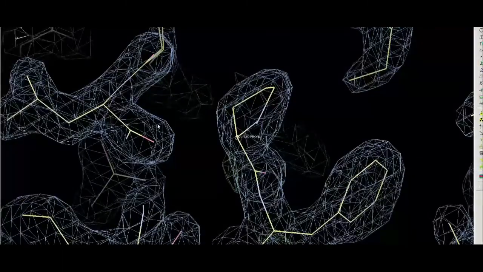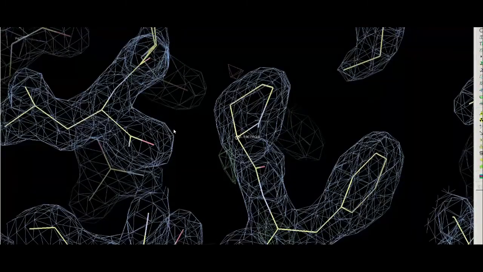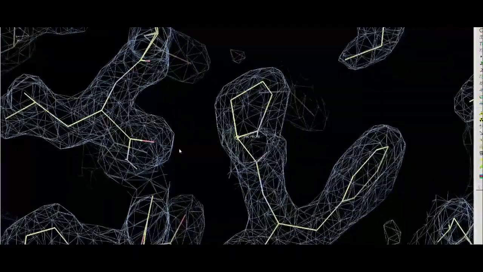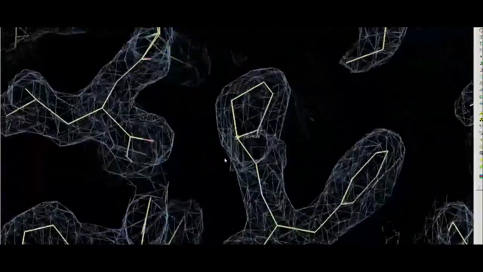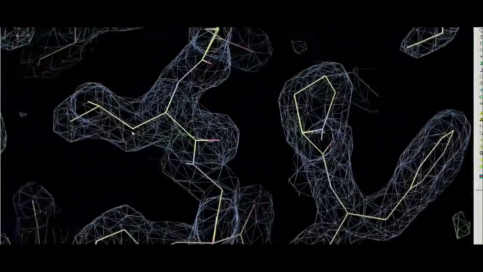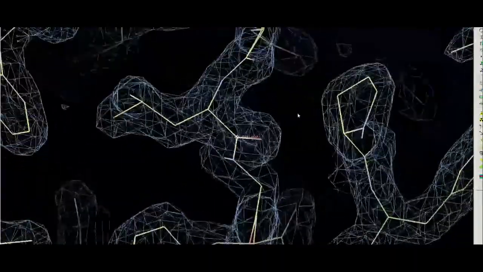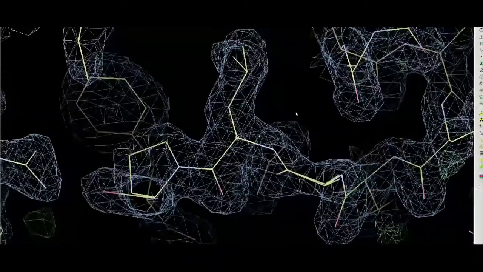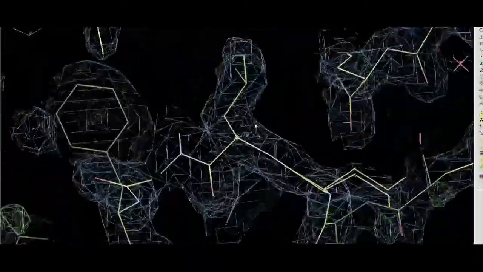And as we were just talking about, the electron density is obtained from the diffraction data. And so what you can see here is, in the yellow and blue and red, I've modeled in the atoms.